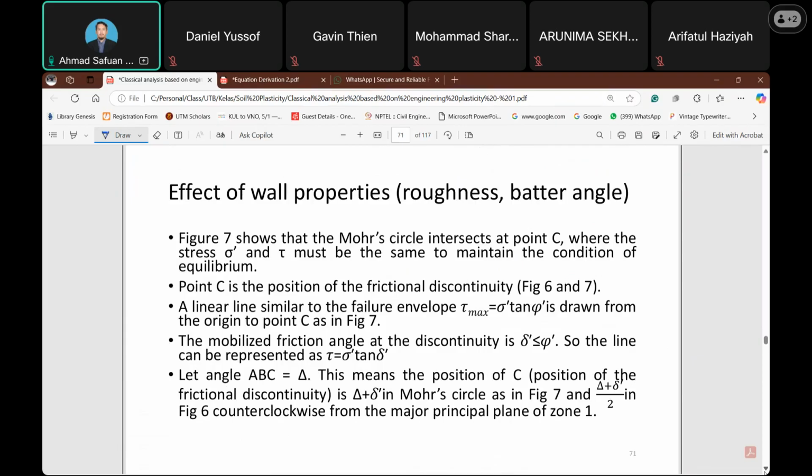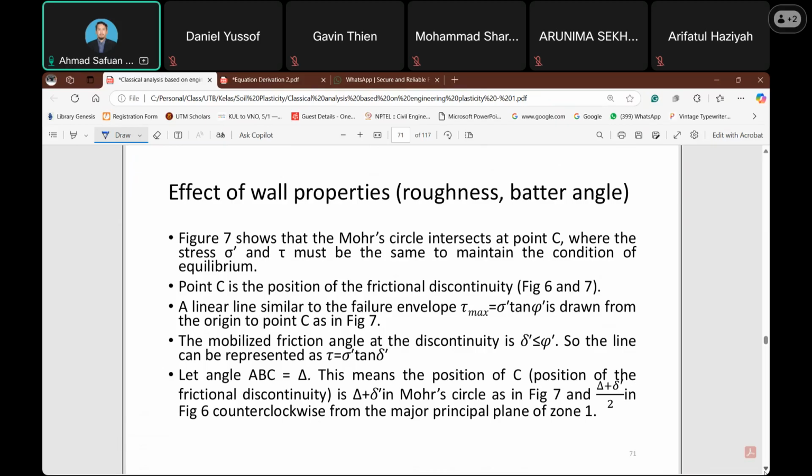Figures 6 and 7. A linear line similar to the failure envelope, tau maximum, that is the maximum value, sigma tangent phi, is drawn from the origin to point C in figure 7.